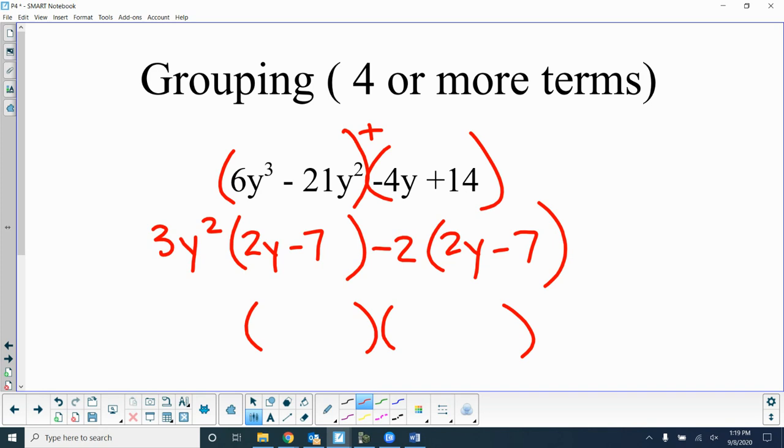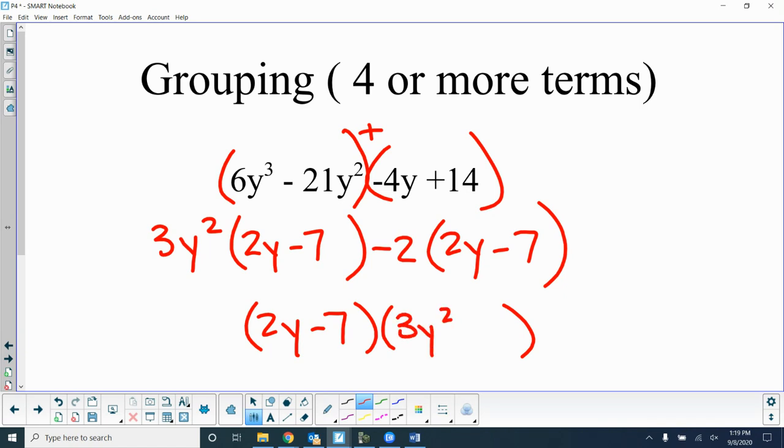These are the same? That's what I want, right? So that's one of my factors, okay? What's my other factor? What haven't I written down that you see up there above it? 3y squared minus 2. Good.